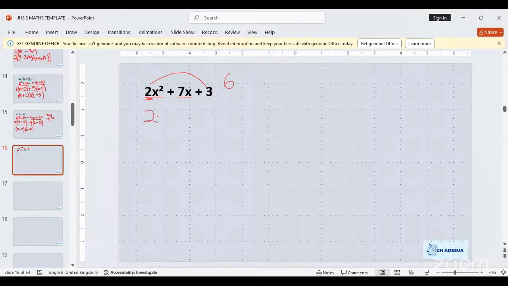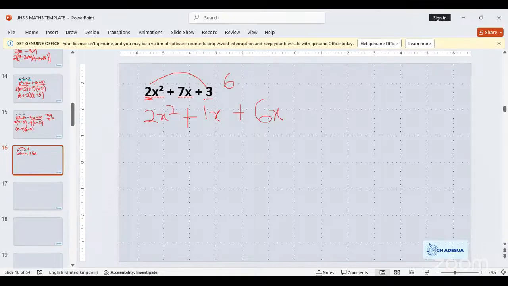So we have 2x squared. She says 6 and 1, okay? So we can do plus 1x, which is the same as x, and then plus 6x. So the 7x has been split into 1x and 6x.